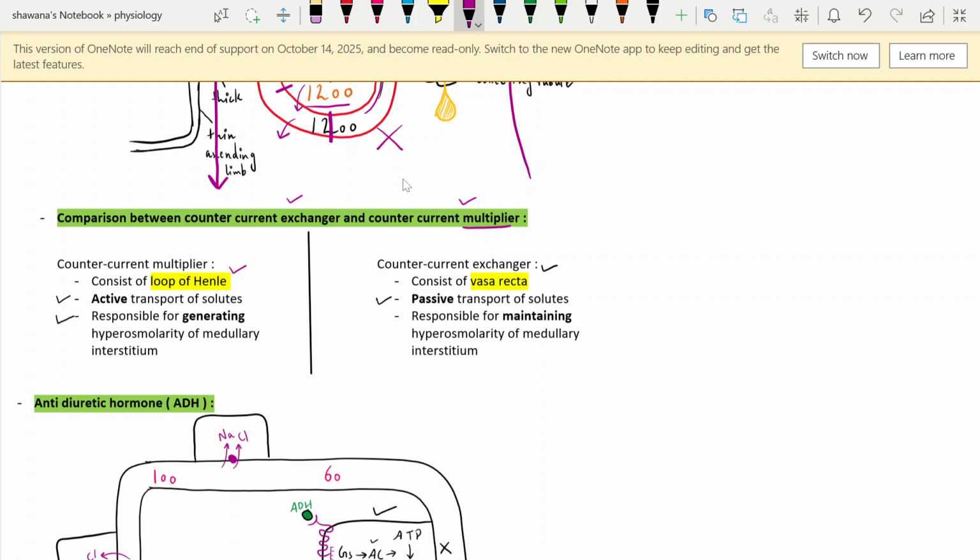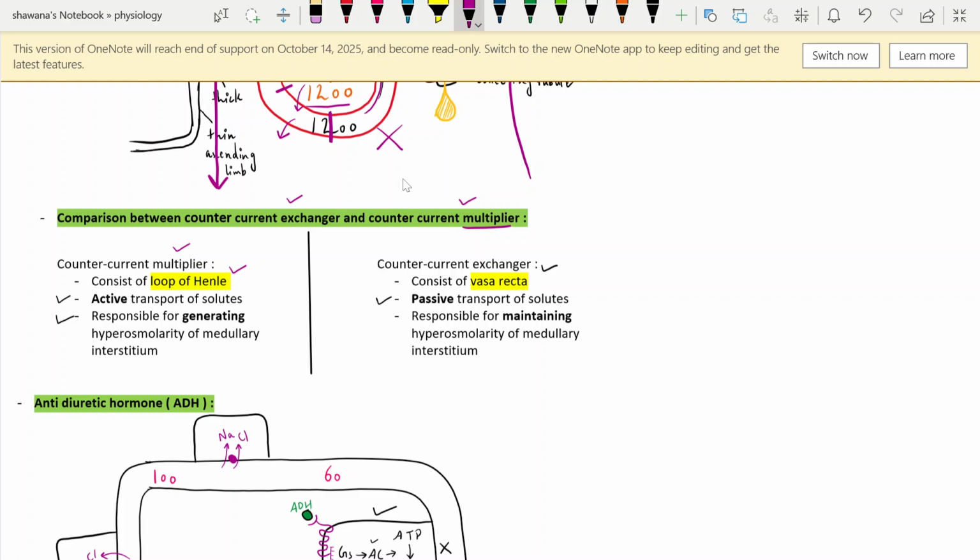It starts to equilibrate with the interstitial fluid. And in the ascending limb, lots of solutes are reabsorbed into the interstitium. They both multiply the capability of the system to generate the medullary hyperosmolarity. That is why we call them the countercurrent multiplier.